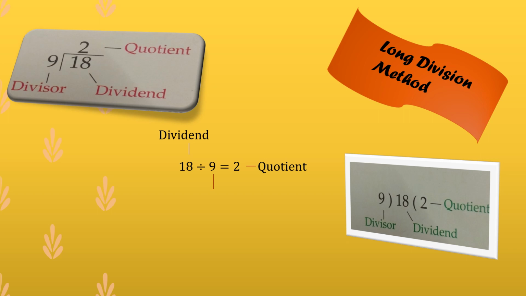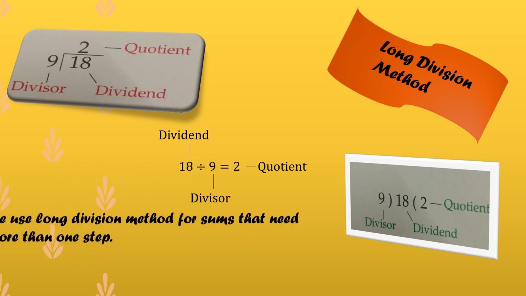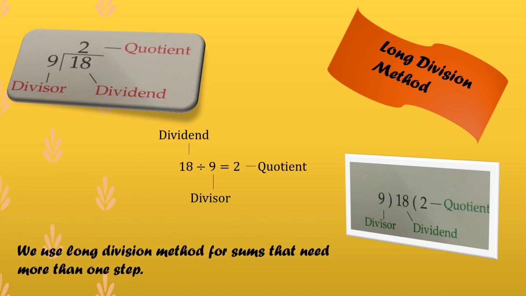Yes. So the number which is dividing the dividend is called a divisor. Okay. See, in other ways also you can see the quotient, the divisor and the dividend. Here also quotient, dividend, divisor. Okay. So this long division method we use for the sums that need more than one step.